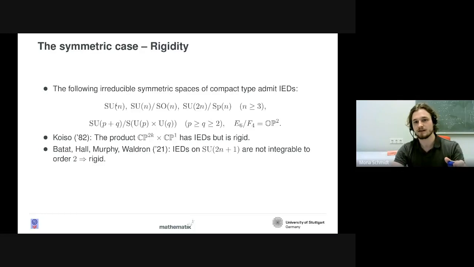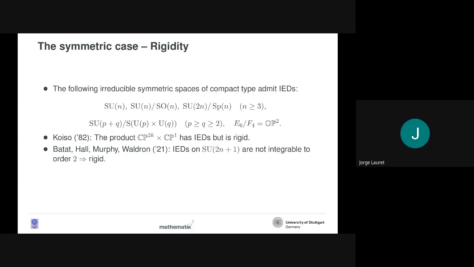Some of these are linearly stable, and I don't recall exactly which. I think SU(n) and E6 over F4 are among the ones that are linearly stable, and there we do not know, as far as I know, whether they are S stable. Okay. Thank you.